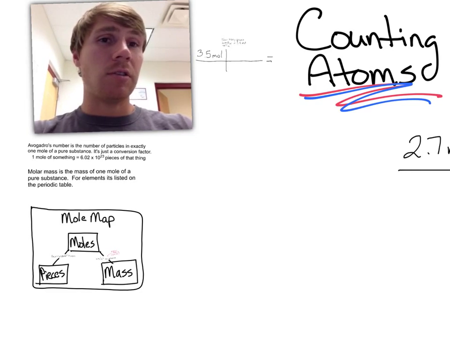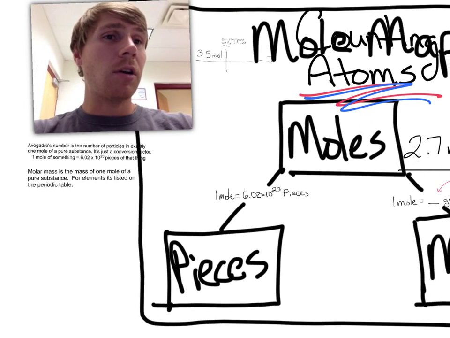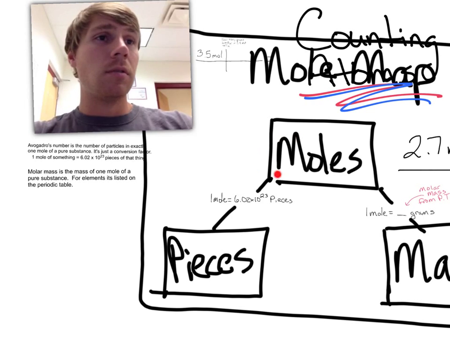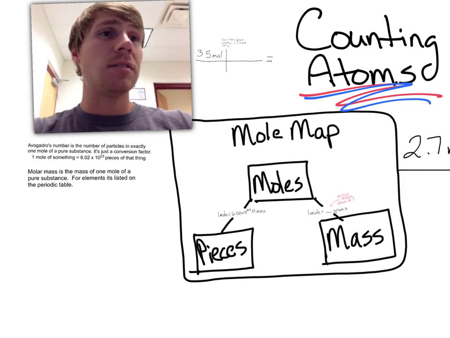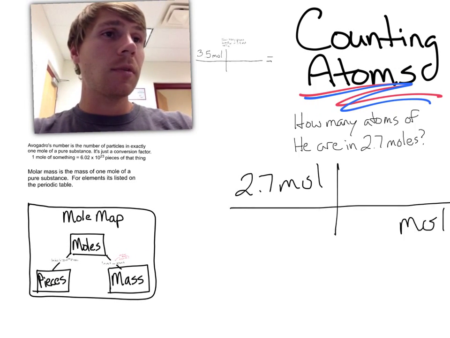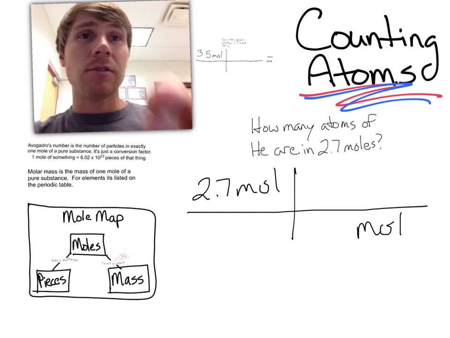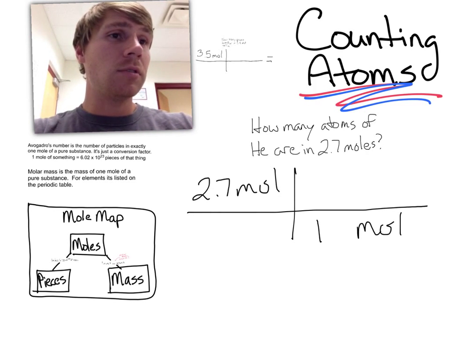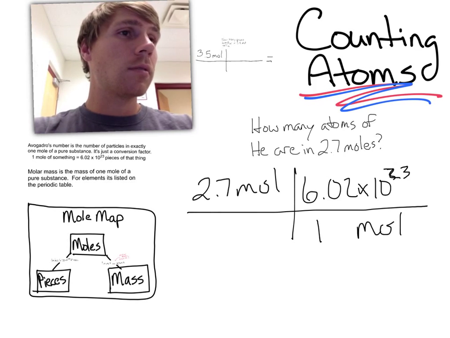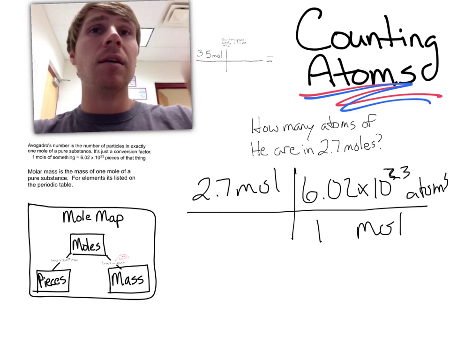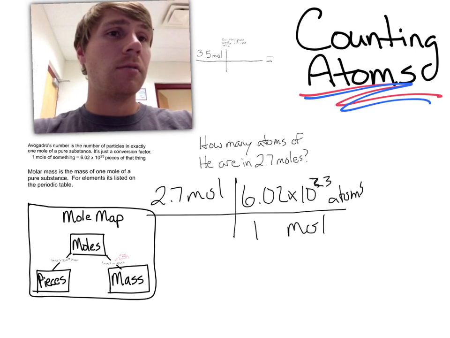Here, we're going from moles to pieces, so we're using a different conversion factor. 1 mole equals 6.02 times 10 to the 23rd pieces. And atoms and pieces are kind of the same thing. Doesn't really change it at all.